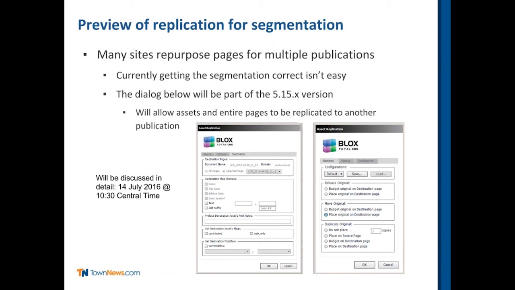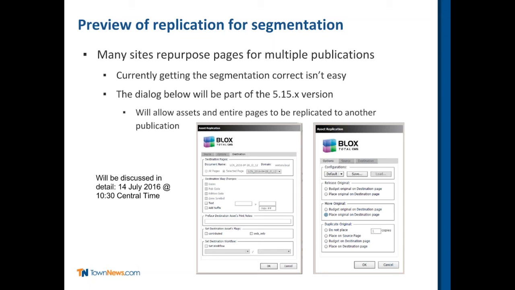And so it's going to allow you to take individual assets or entire pages of assets and either just copy them if they're just plain assets, or copy them and put them onto additional pages, either in the same publication, for example if you want to move a story from B5 to B6. We could do that kind of thing without having to cut and paste with this replication.